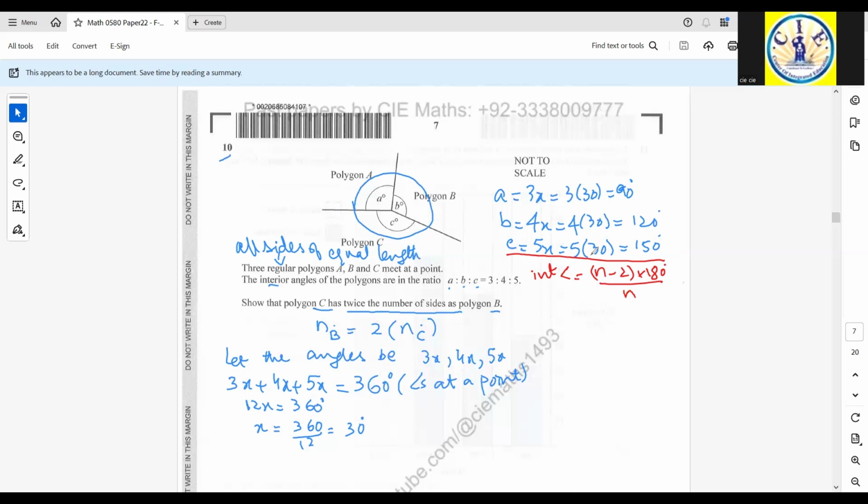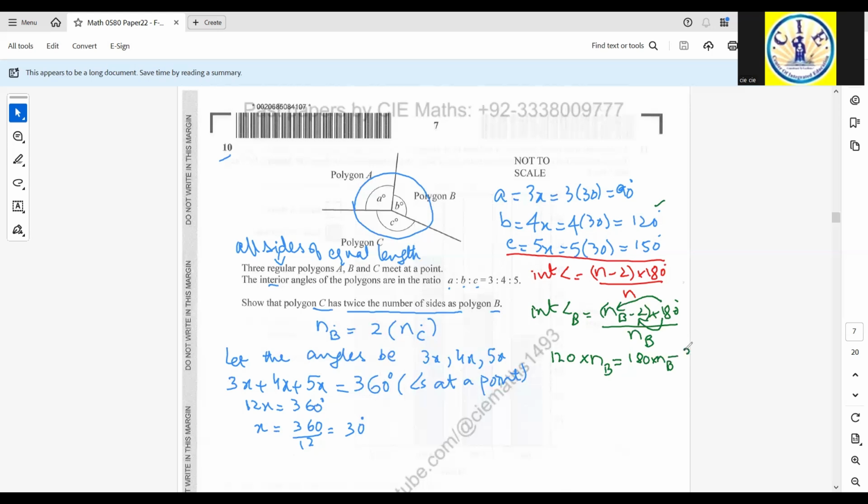So when I do it for the interior angle for B, that will be (number of sides for B minus 2) times 180 degrees divided by number of sides for B. Interior angle for B was 120. So 120 times n of B is equal to 180 times n of B minus 360 degrees, because this is going to be multiplied with this one as well as with this one.